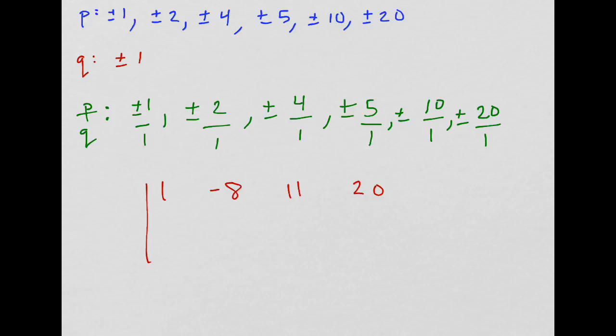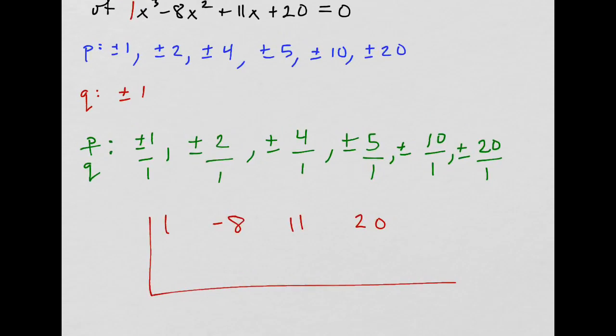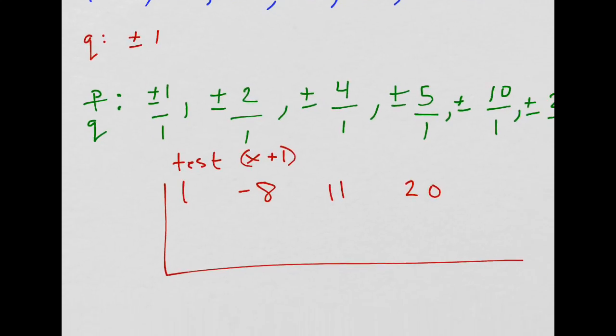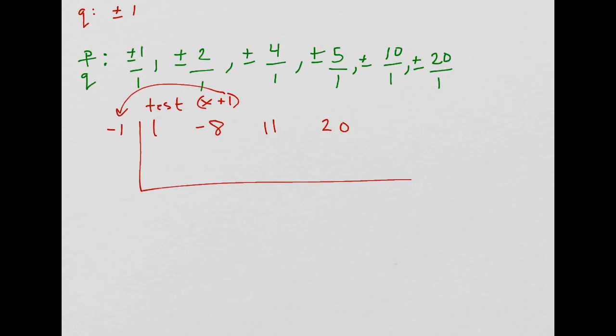Great. And then what am I going to test out? Let's test the first one, just a positive 1. Let's test x plus 1. If I'm testing x plus 1, I have to put a negative 1 there, right? And then what do we have?